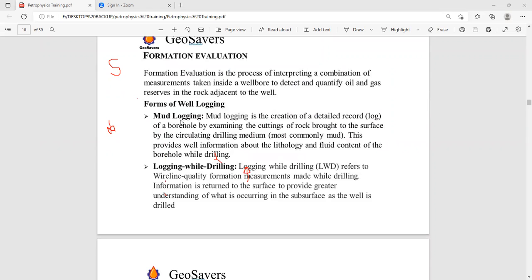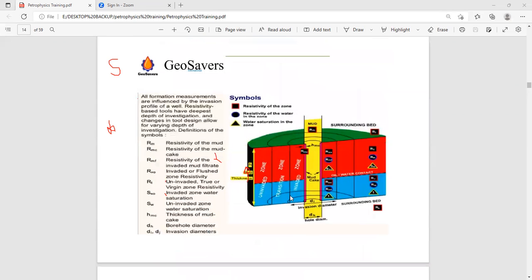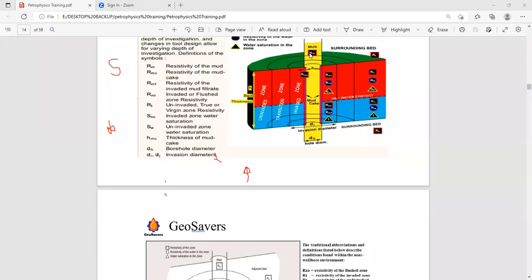One of the first ways is mud logging, because during the drilling process, once the mud gets down there, even though part of the mud is lost due to this overbalance effect, it is not all of it, just a small amount of the mud is lost. So the mud recycles and goes back to the surface.